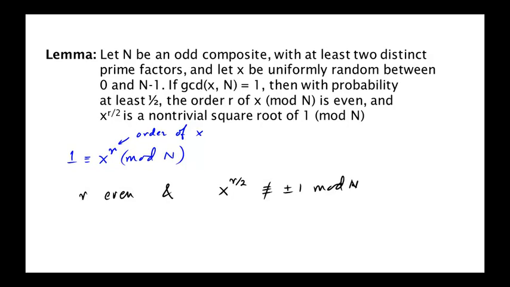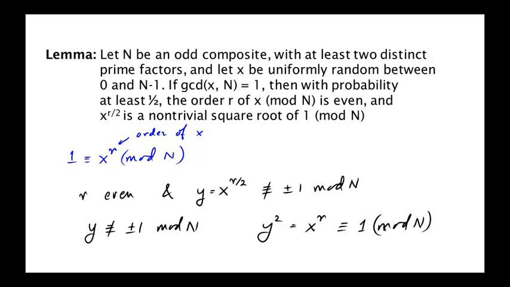So if we call this x to the r over 2 y, then y is not congruent to plus or minus 1 mod n, but y squared, which is x to the r, is congruent to 1 mod n. So we found our non-trivial square root of 1 mod n, and we can use it to factor, as we saw before.